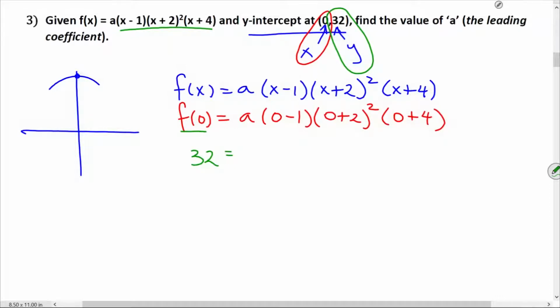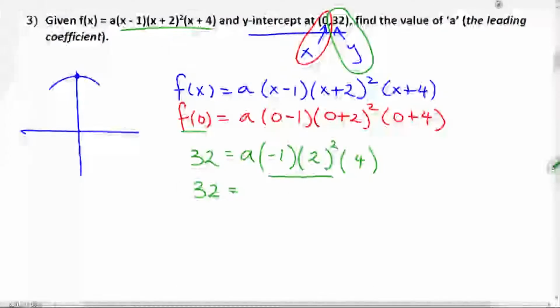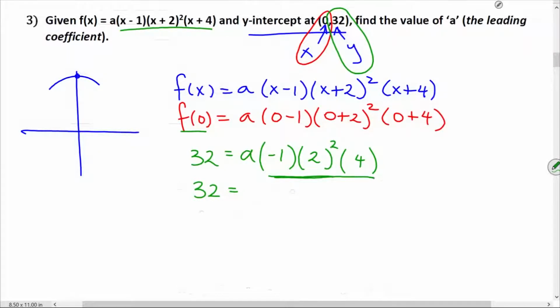Now doing some arithmetic on this side, 0 minus 1 is -1. 0 plus 2 is 2, squared. And 0 plus 4 is 4. So 32 is equal to 2 squared, which is 4, times -1 is -4. -4 times 4 is -16.